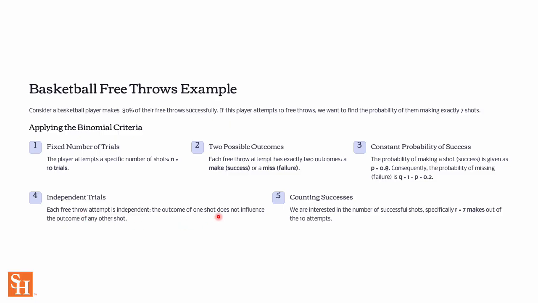The outcome of one shot doesn't influence the outcome of another shot. And in that case it is a counting problem. We are interested in the number of successful shots, especially we want to check what is the probability that he will make exactly 7 shots successfully, right? So in the next slide we'll see how we can solve this problem with a binomial probability distribution.